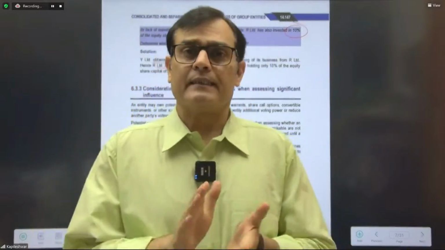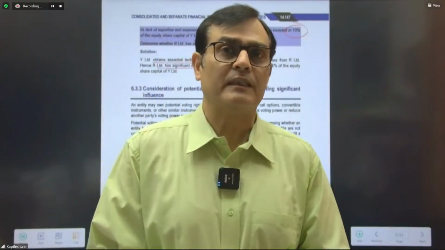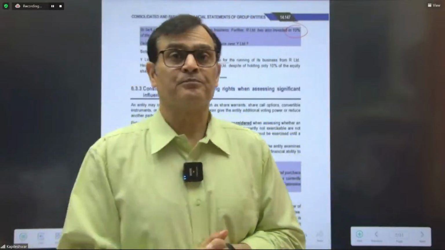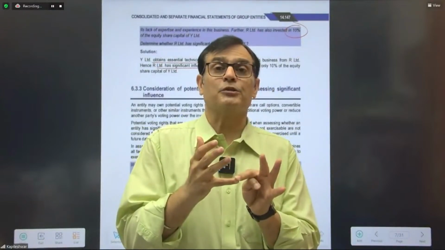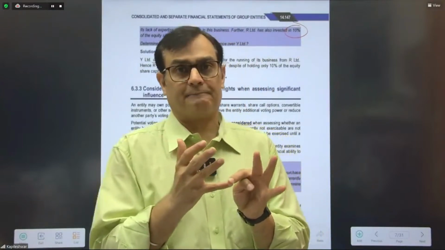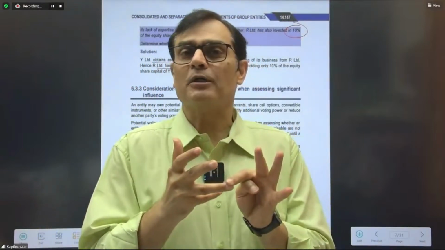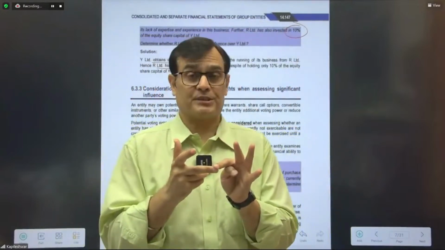Second focus point, the factors which could challenge the presence or the absence of significant influence are given in para number 6, and there are 5 parameters. You need to see in this particular case, is there a representation on the board of directors? Look at the facts. Is there any interchange of managerial personnel? Is there a participation in the policy making process?